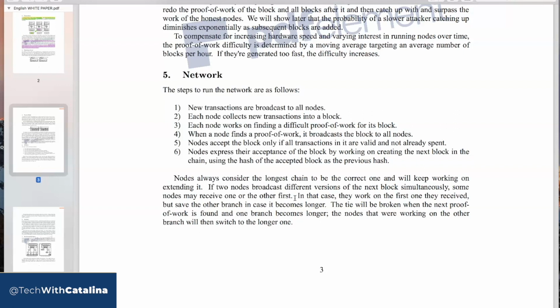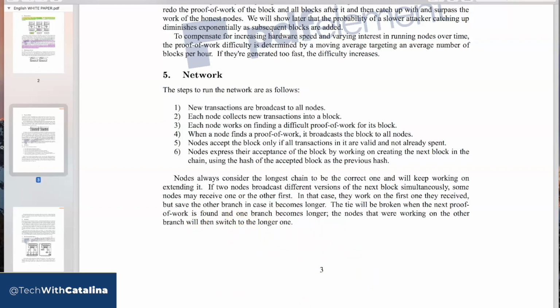And almost at the same time, another miner in Germany does the same, finds the next block and broadcasts that information to the network. What this means is that we have two possible chains to be recognized as the longest chain. This can happen simultaneously.